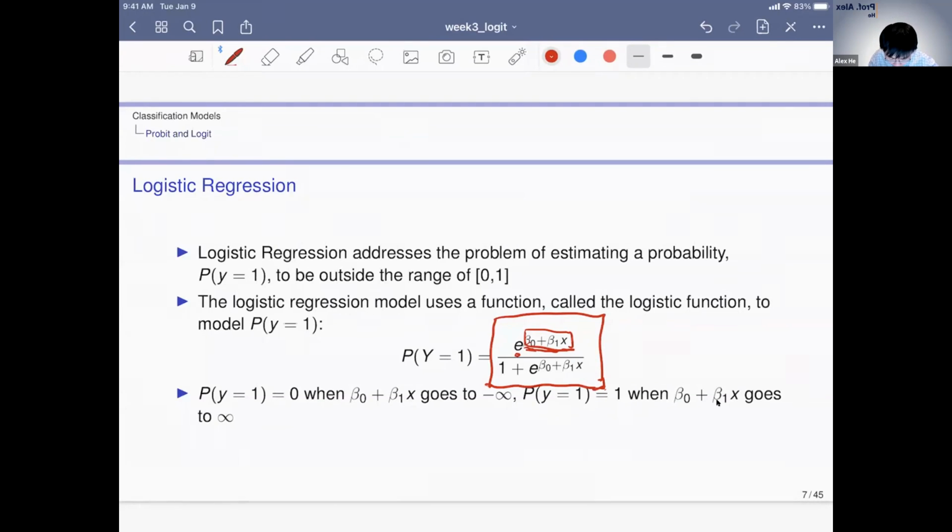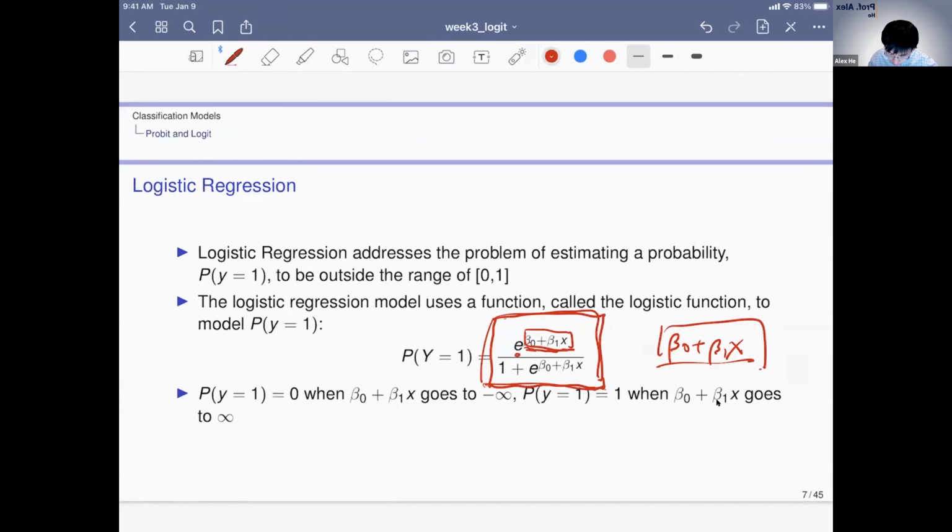So what this does is it transforms beta 0 plus beta 1x, which is a linear function of x, into a nonlinear function of x. Okay, so this whole function here is nonlinear. And moreover, it will take a value between 0 and 1. Why is that?